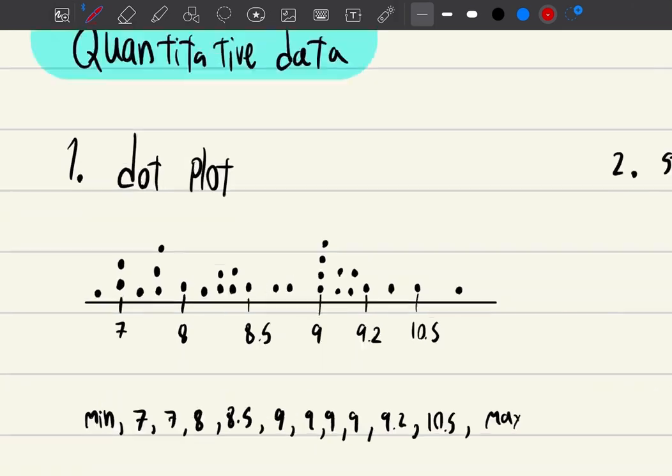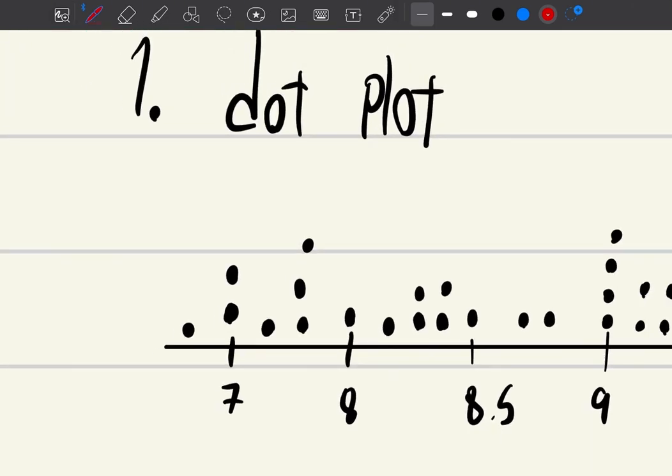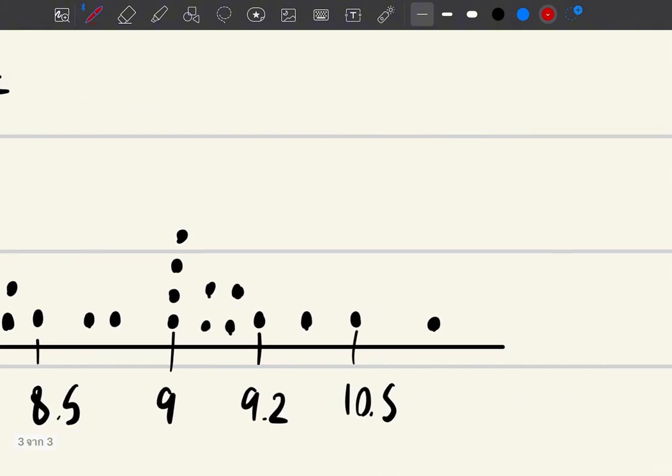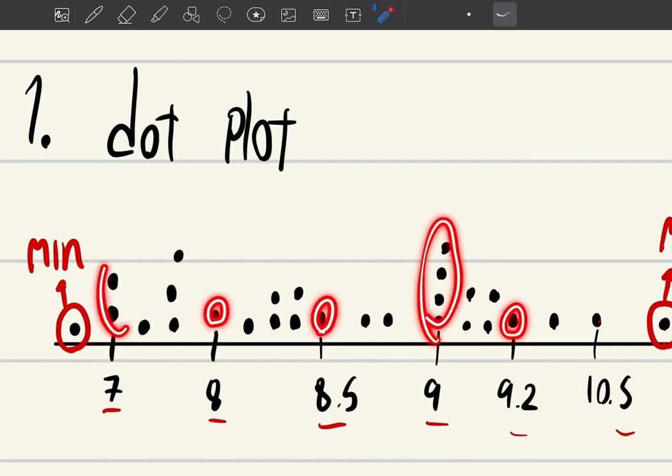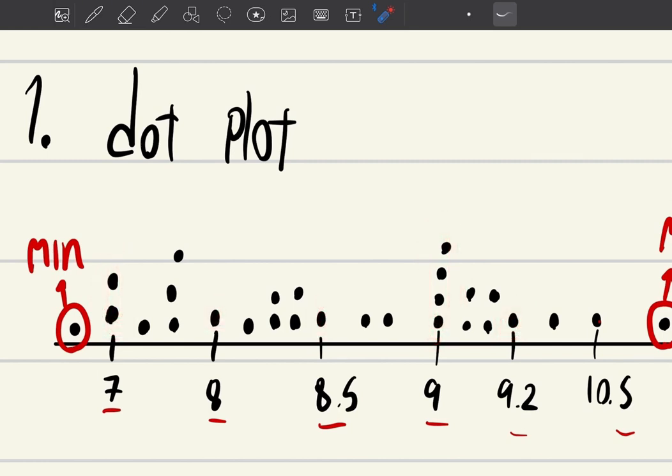For example, here is going to be the minimum, and here is going to be the maximum. And the dots on the numerical scale, which are here, here, here, here, here, here, are going to be the frequency of each numerical scale.